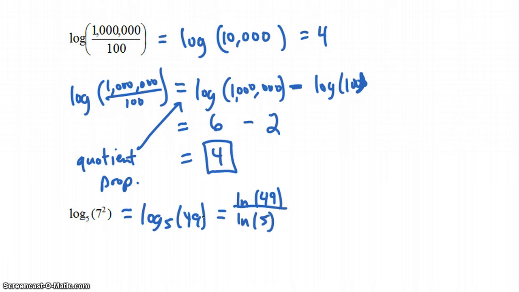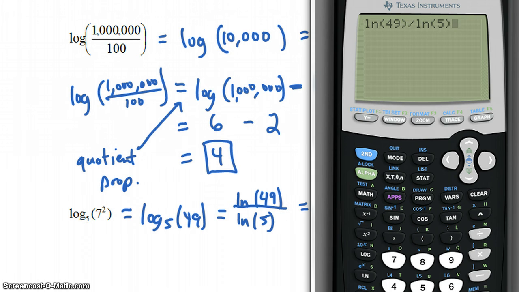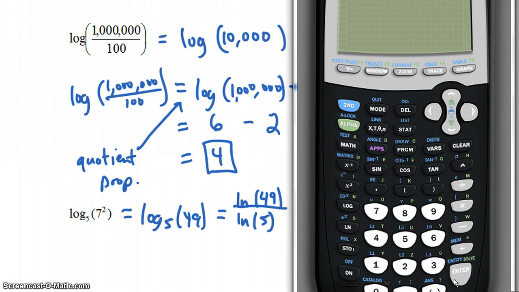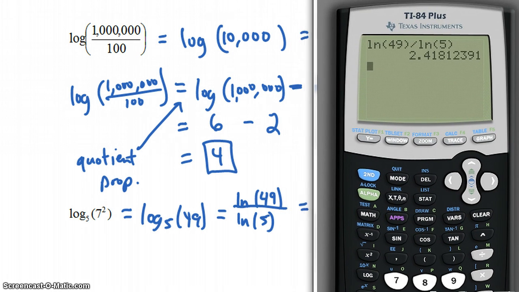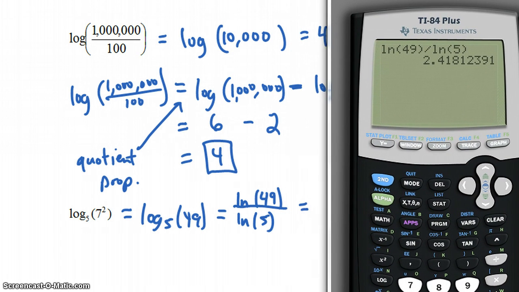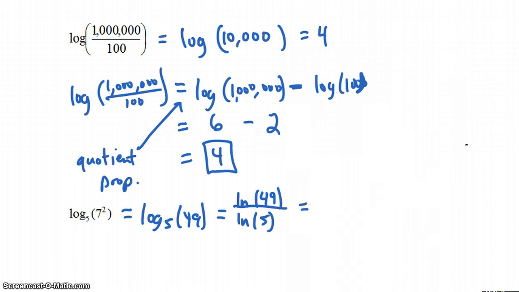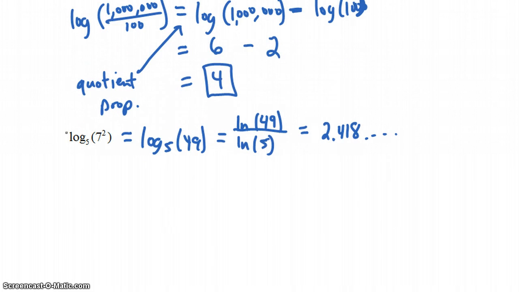And it turns out, according to the change of base formula, this is equal to this. Okay, and I type this into a calculator right here, ln of 49 over ln of 5. And it turns out I get 2.418. Okay, 2.418. And there's some more decimals, but let's just round it off to the nearest thousandth. Okay, that's one way to do that. That's kind of doing it directly.